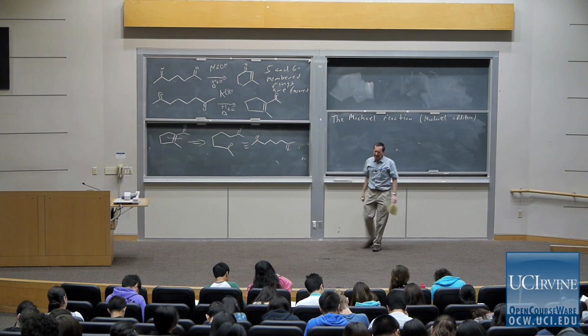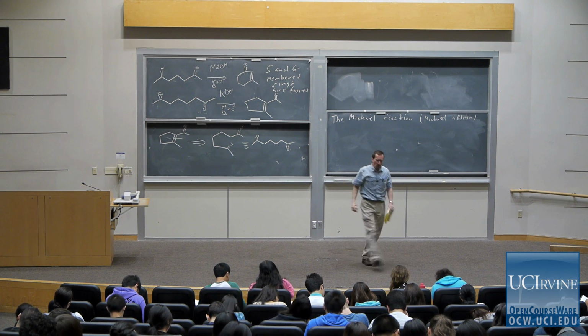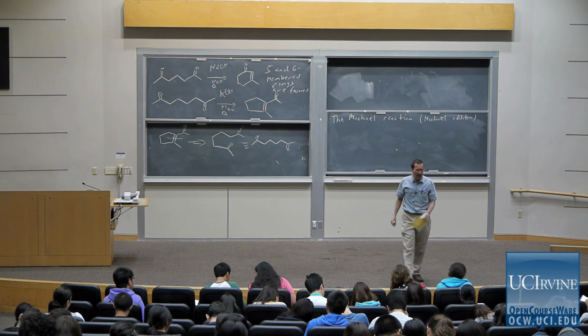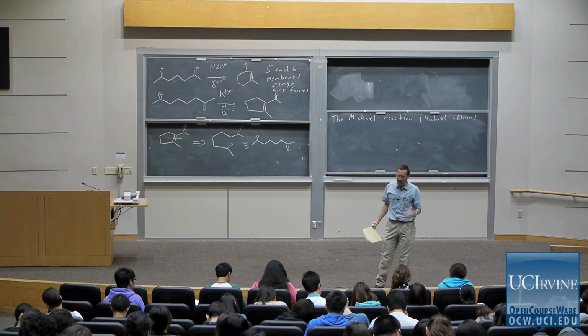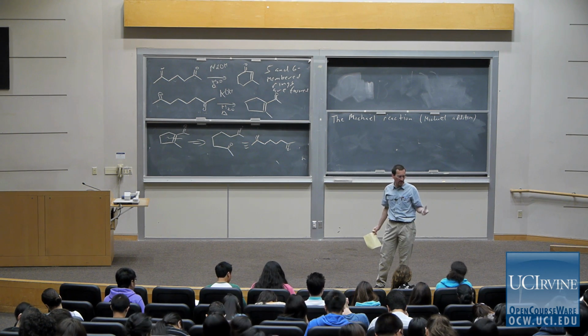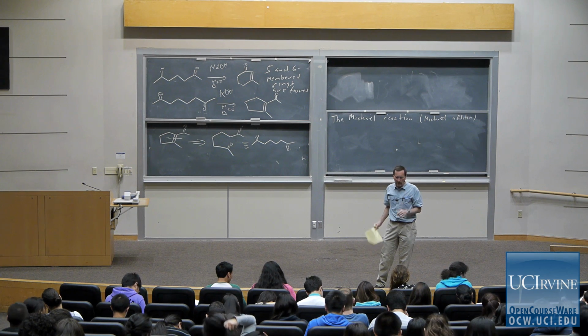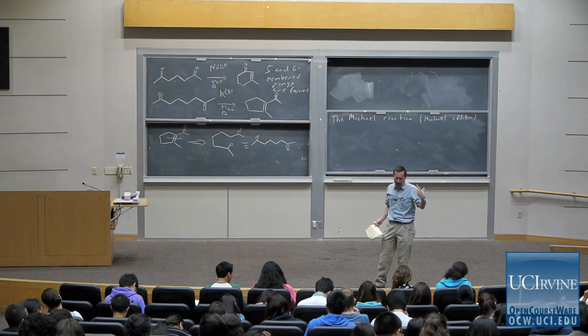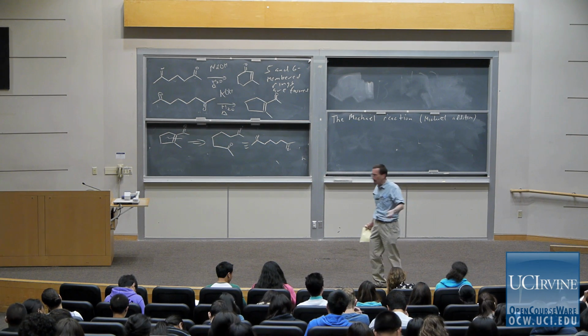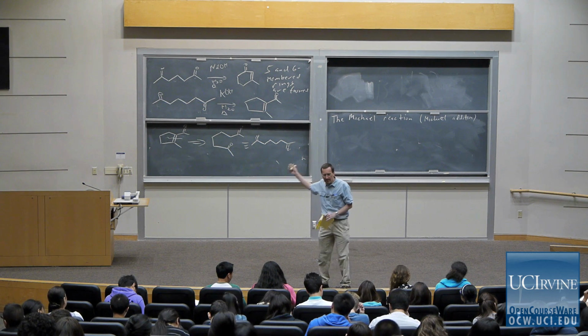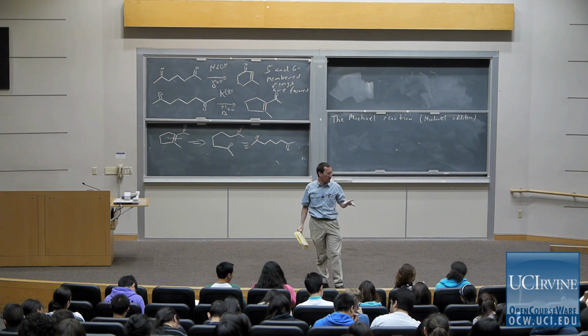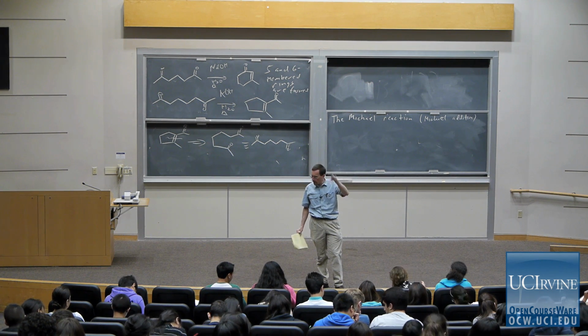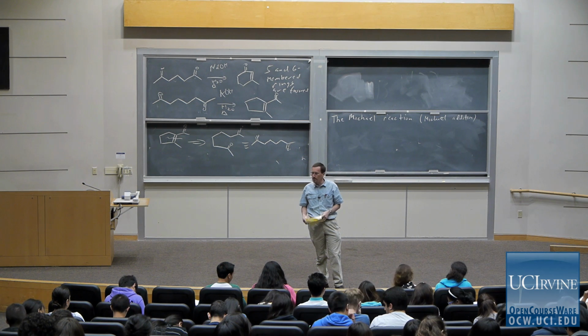That's just a fancy name for the addition of a nucleophile to the beta position of an alpha beta unsaturated carbonyl compound. We've already seen that ketones and aldehydes are very fundamental compounds. Now we've seen even alpha beta unsaturated carbonyl compounds are very fundamental compounds.